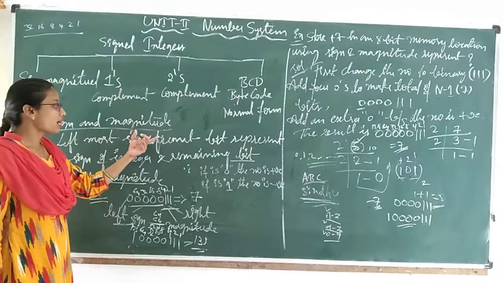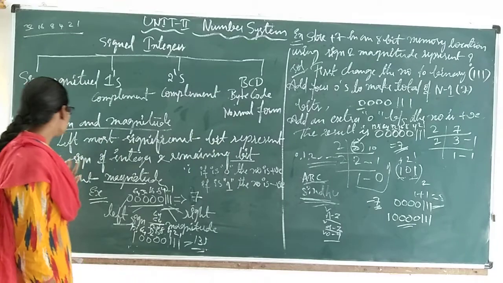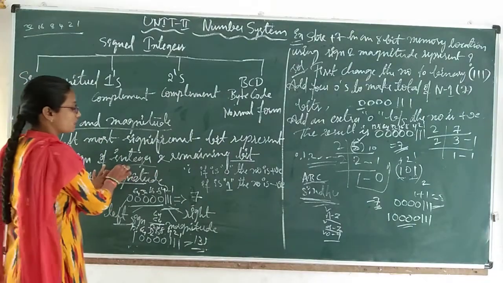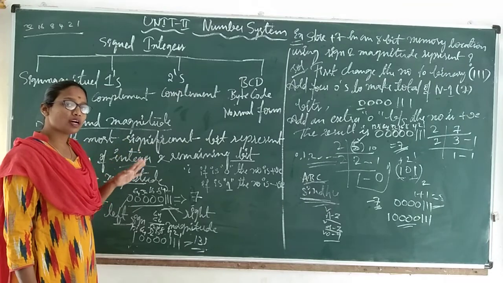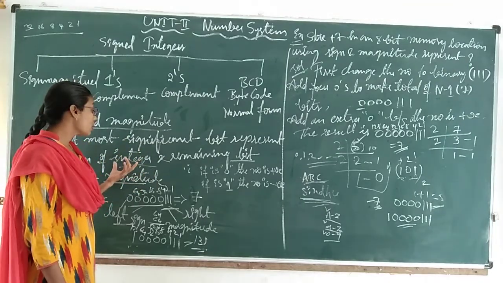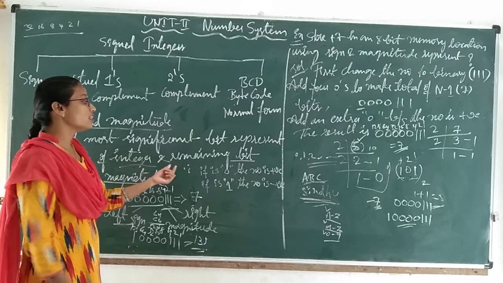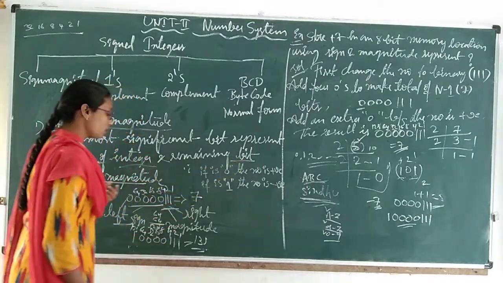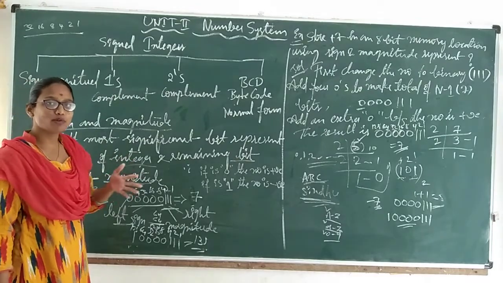In sign and magnitude, the leftmost significant bit represents the sign of the integer. In the binary result, the leftmost bit represents the sign, and the remaining bits, the rightmost bits, are the magnitude.